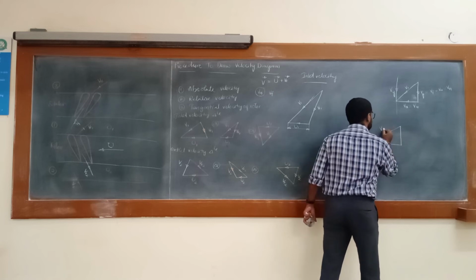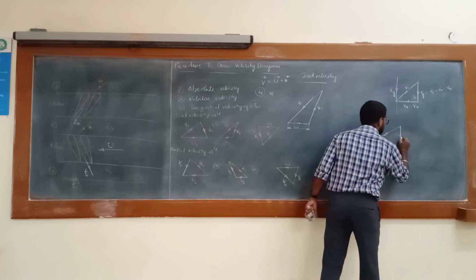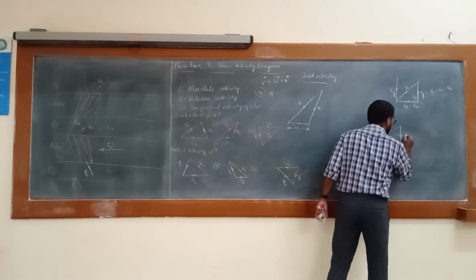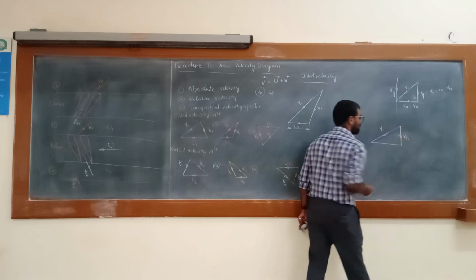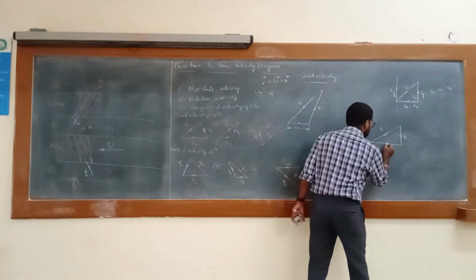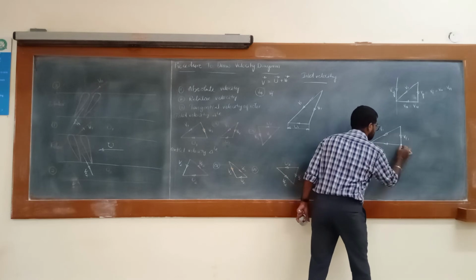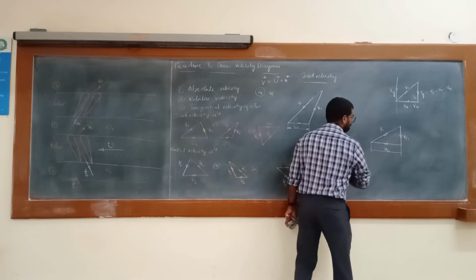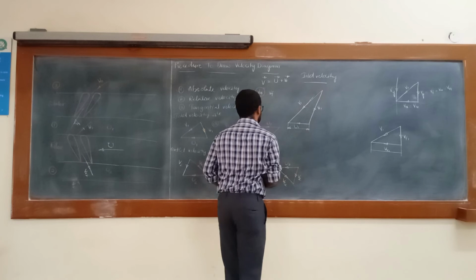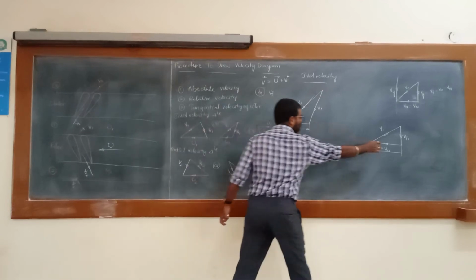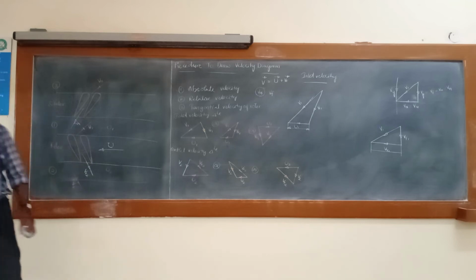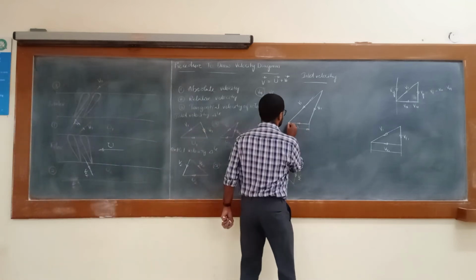So by resolving absolute velocity, one is along the axial direction for axial flow machines and the radial direction in case of radial flow machines, represented as Vf1, flow velocity, and this is the tangential velocity, that is Vu1. Okay. Now we have to show these two components here. Okay. How to show it? See here.